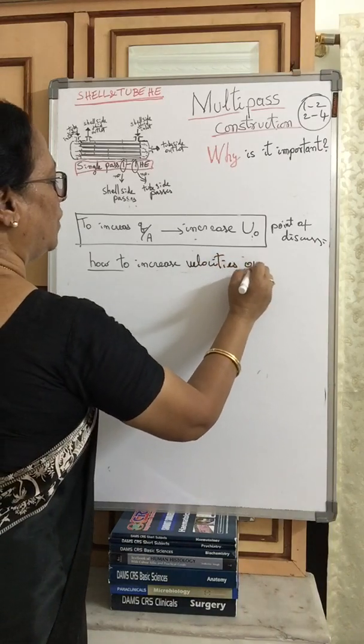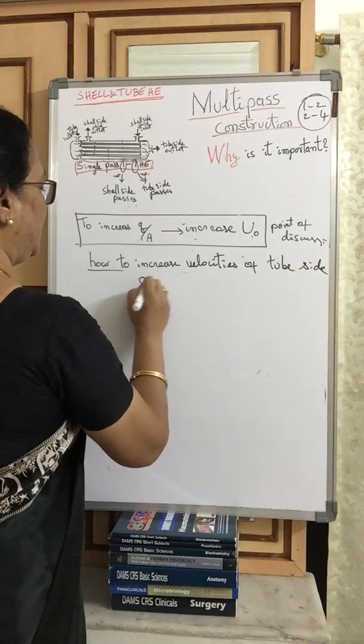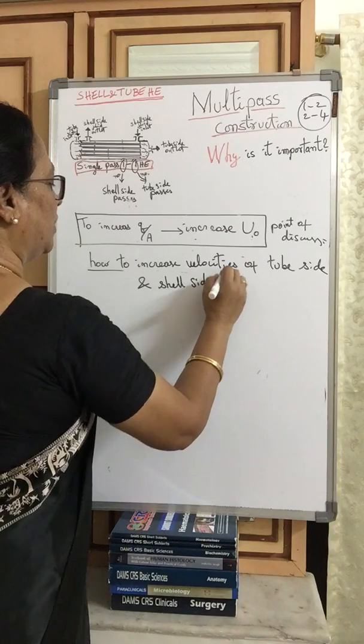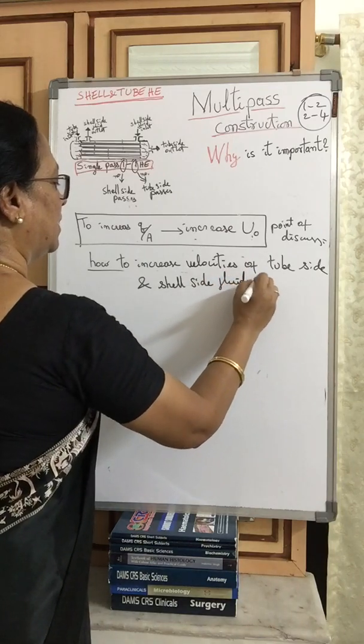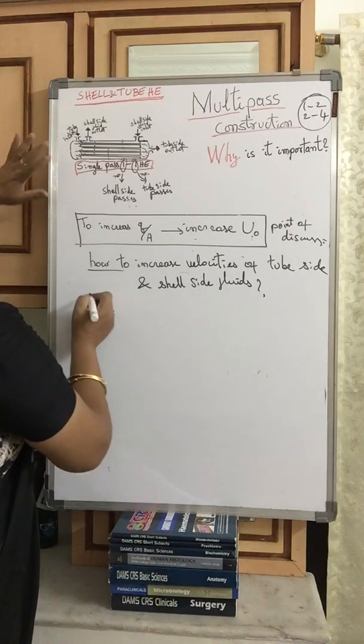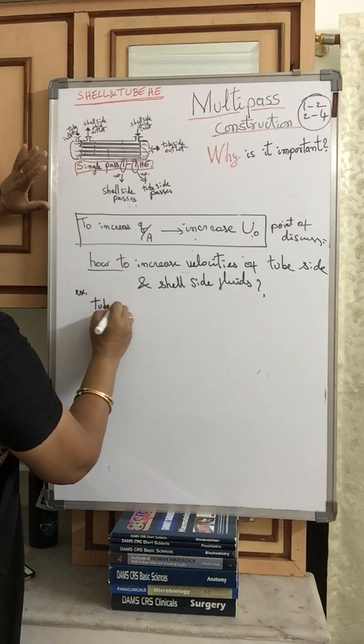This is the next question. So how to increase the velocity? For example, first take tube side fluid.